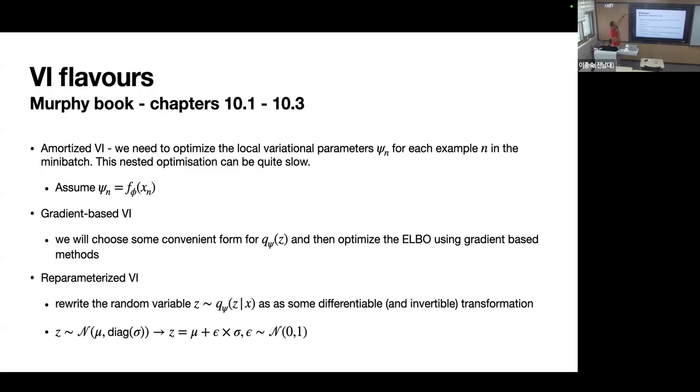All of what I'm going to say now is in the Murphy book, chapters 10.1 to 10.3. There are only Greek letters on those pages, and everything looks like this. It's written in Greek, but you can understand it if you know some mathematics. It's really problematic when you see it at first glance, and there are a lot of tricks.